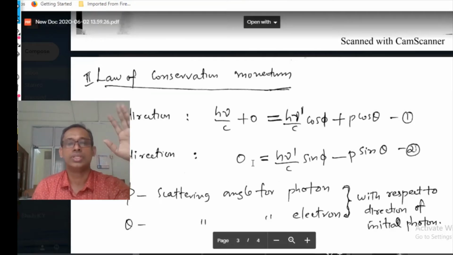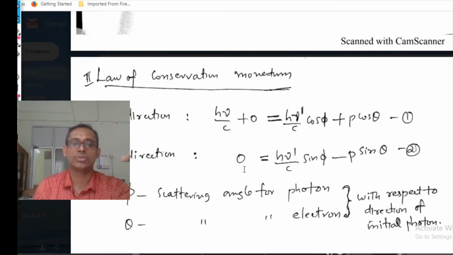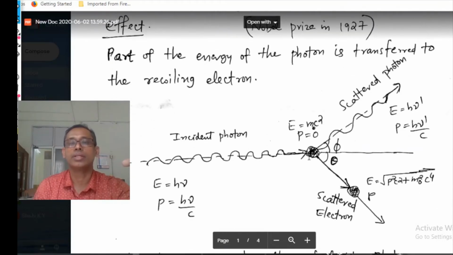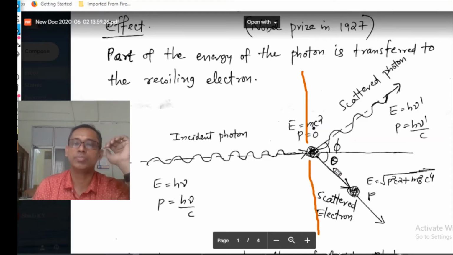Along y direction, 0, because initially there is no momentum in y direction, equals h nu prime by c sin phi minus p sin theta. Here the component along the y direction of the photon momentum is h nu prime by c sin phi, and the component of the electron momentum is p sin theta, and the initial momentum along y direction is 0.